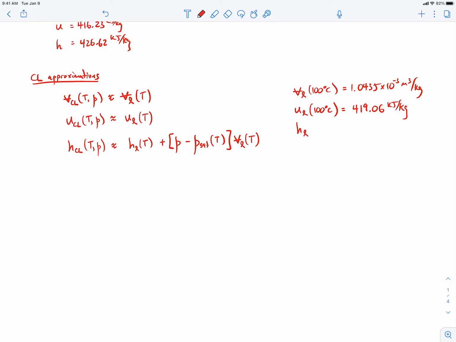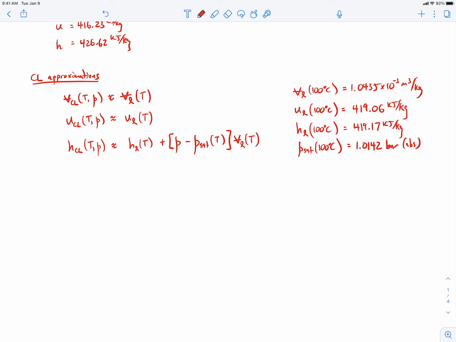The saturated liquid specific enthalpy at 100 degrees C is, let's see, what's that one? That one's 419.17 kilojoules per kilogram. And the saturation pressure at 100 degrees C is 1.0142 bar. That's an absolute pressure.